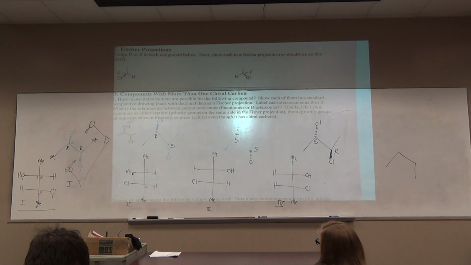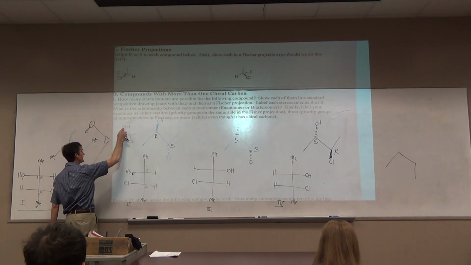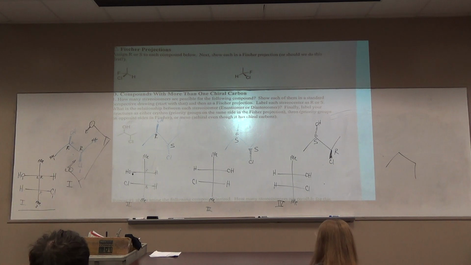Yeah. They're all that same name. That tells you they're stereoisomers. They have the same name. They have the same connectivity. They all have 4 carbons with a chlorine attached to the second carbon and OH attached to the third. They're all stereoisomers, yes. 2 types of stereoisomers, though.